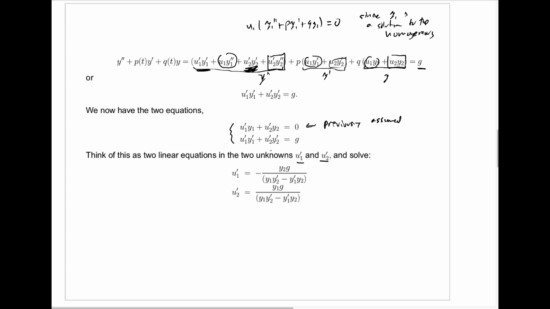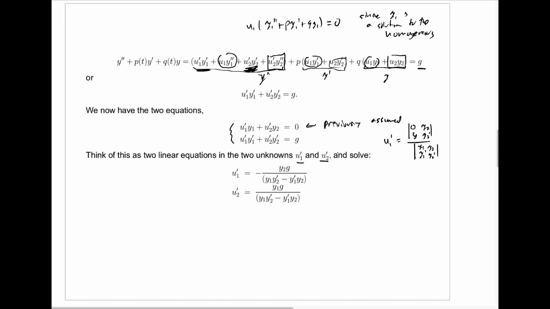For solving two linear equations in two unknowns, you can even use something like Cramer's rule, which one doesn't use much in linear algebra, but it gives us a simple way to get the formula. u1 prime, if you remember Cramer's rule from Math 206, our first variable, will be the determinant of 0, g here, and then we would have y2 prime, over the determinant of our coefficients here, y1 prime, y2 prime.